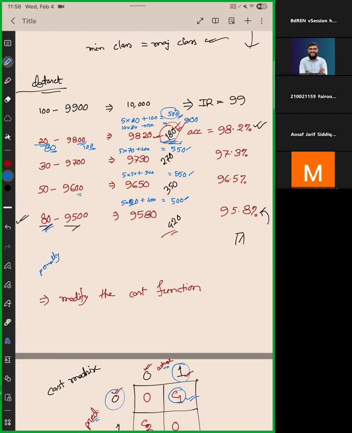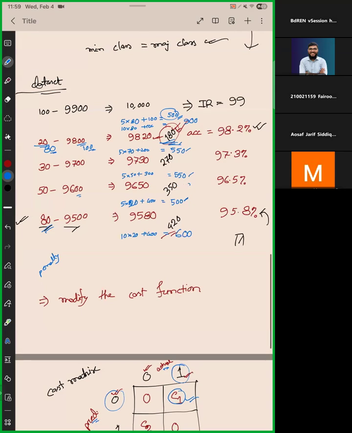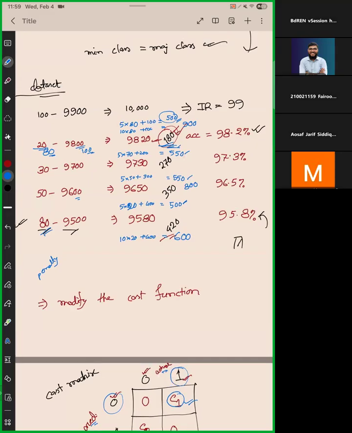Now here it is 10 into 20 plus 400, that equals 600. This one is going to be 800. And this is going to be 900. Is it clear?